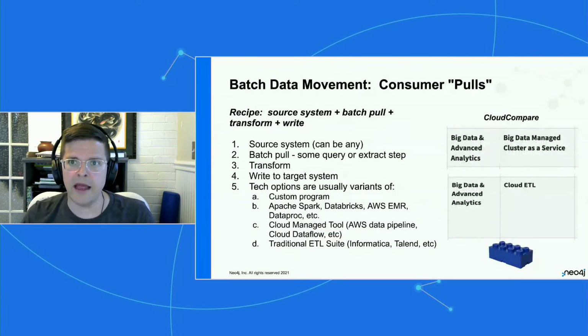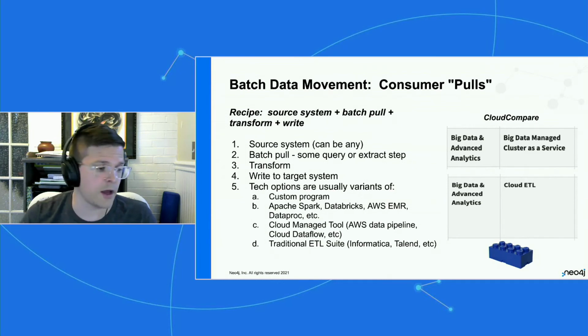Let's take a moment and talk about a formula for batch data movement. Again, this is the case usually where the consumer wants to pull data through from another system. And so I'm going to explain this, but the basic recipe is source system plus batch pull plus transform plus write. What I mean by that is that the source system could really be anything under the sun. It can be Snowflake, Postgres, MongoDB, files in an S3 bucket, doesn't even really matter.